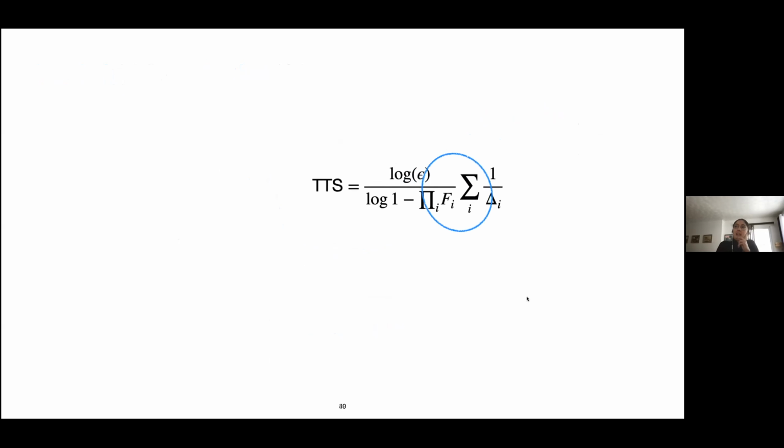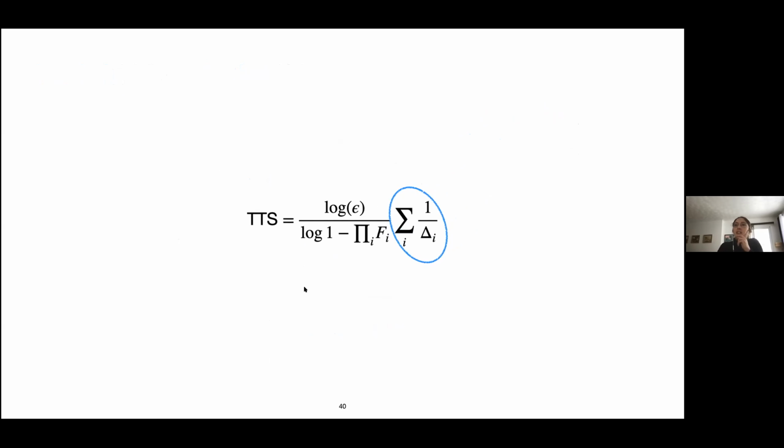Now, there is something that I want to emphasize about this TTS formula. So you may recall that I said that the adiabatic state preparation scaling of the algorithm is upper bounded by 1 over the gap squared.